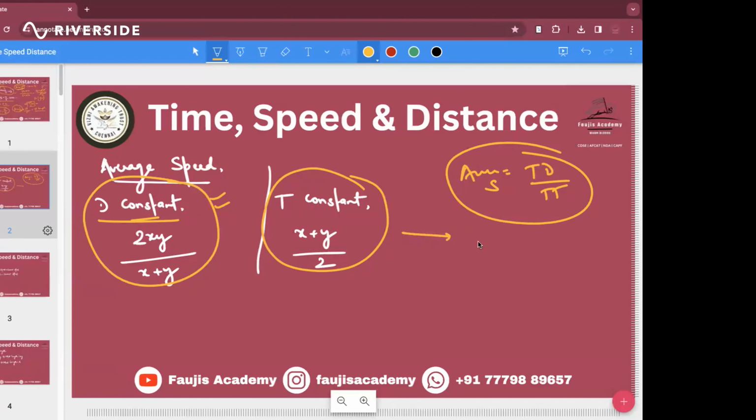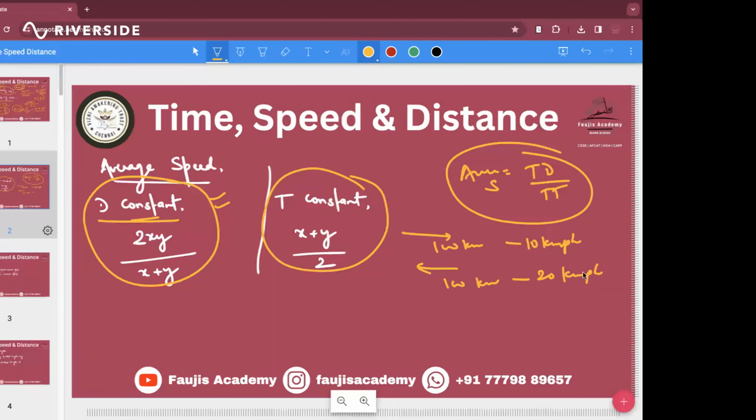You wanted to go from A to B, 100 kilometers, and you went with a speed of 10 kmph. And you came back 100 kilometers, from B to A, and this time you came back at the speed of 20 kmph.